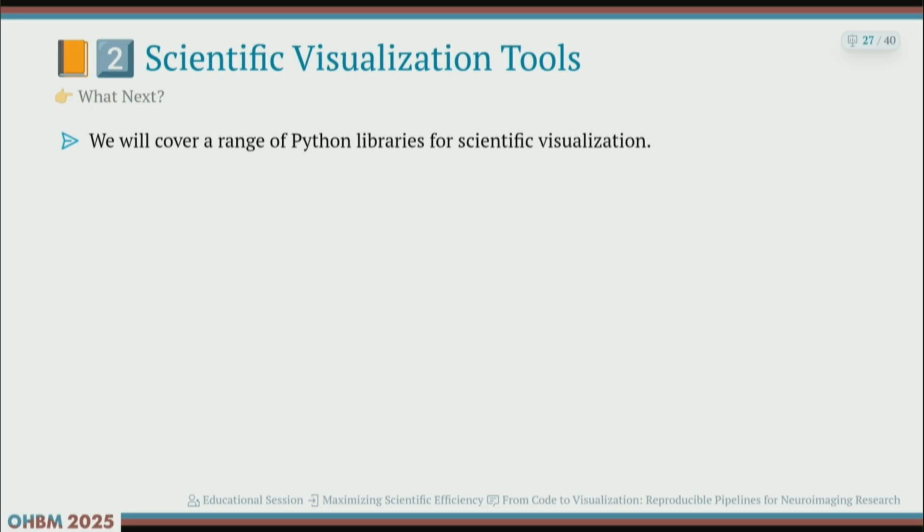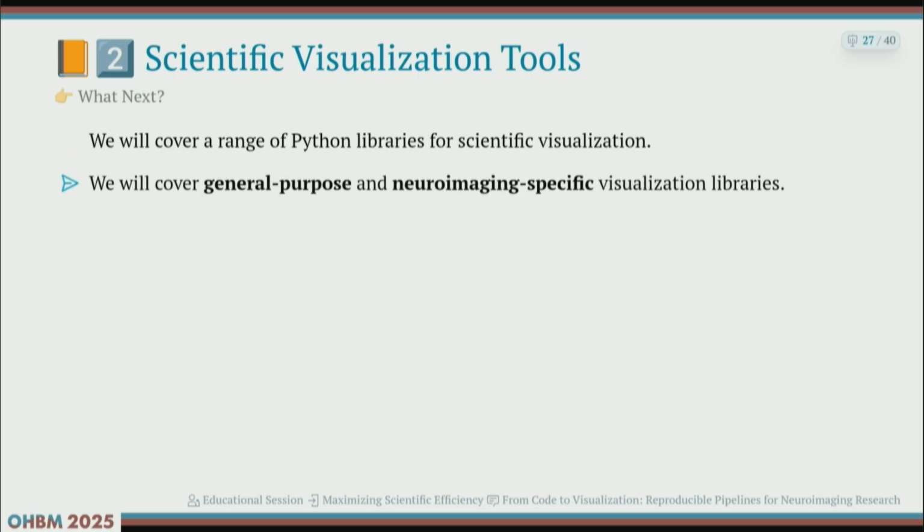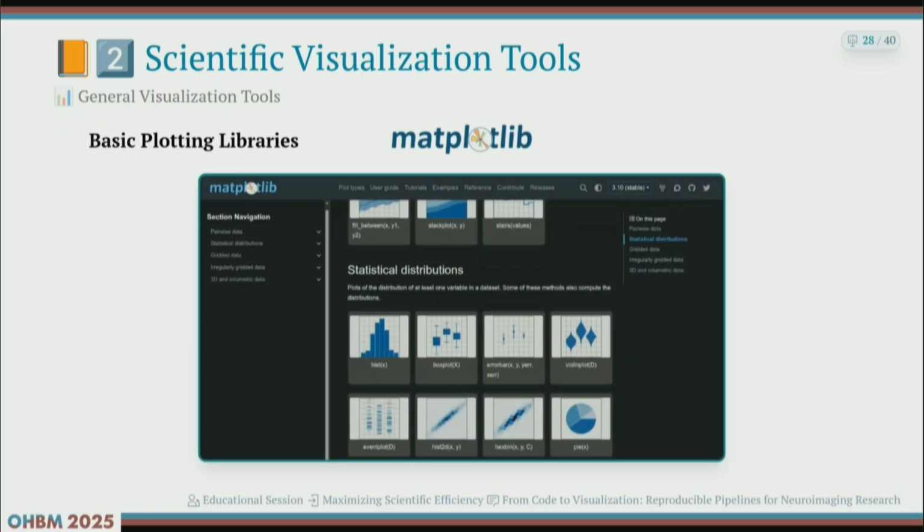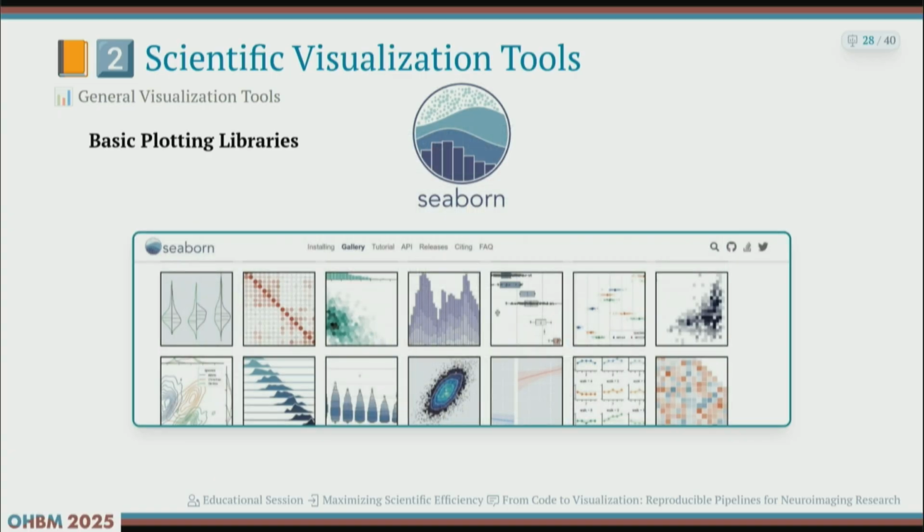So let's first start with a range of general purpose visualization tools that can help in any type of scientific visualization, and then move to neuroimaging-specific visualization libraries after that. In terms of general visualization, there are some basic plotting libraries in Python that you might have heard of. There's matplotlib, and then there's Seaborn, and together they have a gallery of all sorts of different visualizations that you see across papers.